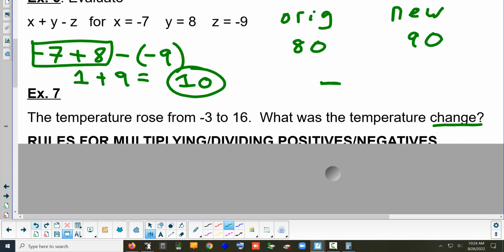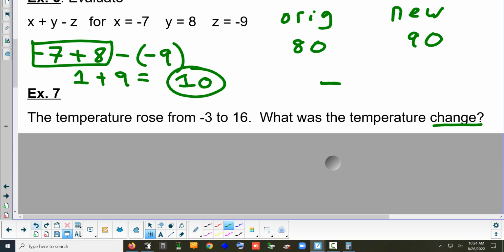So think of these temperatures. What was our original temperature here in the morning? When you woke up, you looked at the thermometer, it said the temperature was what? -3. This is the original. The new temperature, later in the day, was 16. So what are we going to subtract to find the temperature change? 16 minus -3.